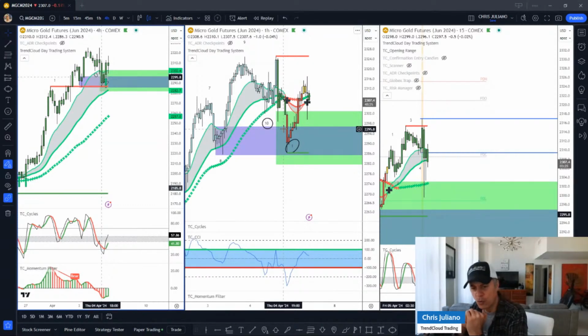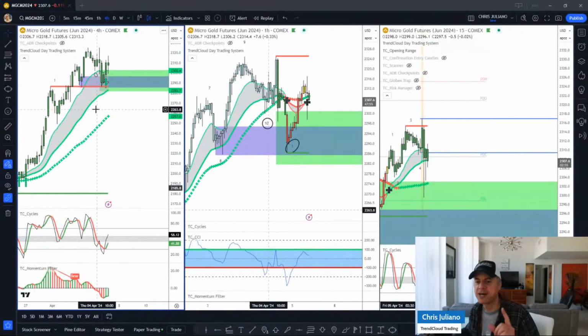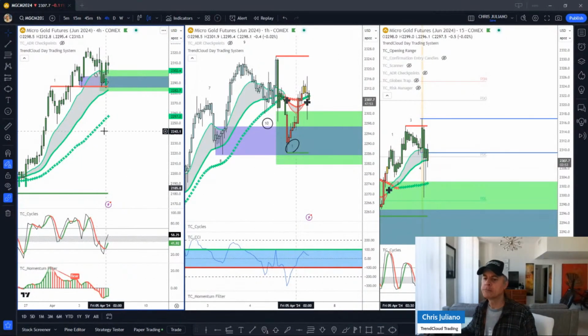So don't avoid doing it, right? Go into it more. Don't avoid reading your charts. A lot of people say, oh my God, it's so much to look at. Yeah, it's a lot to look at, but once you get it, you'll understand it. Read the context of the trade on the highest time frame first.